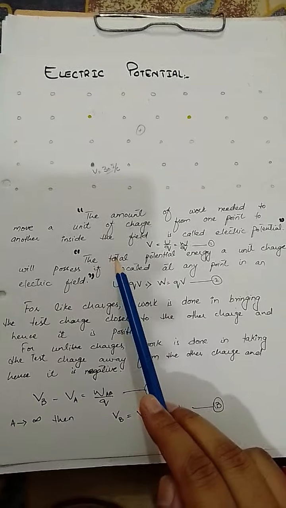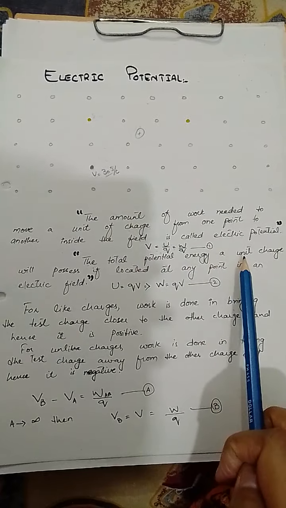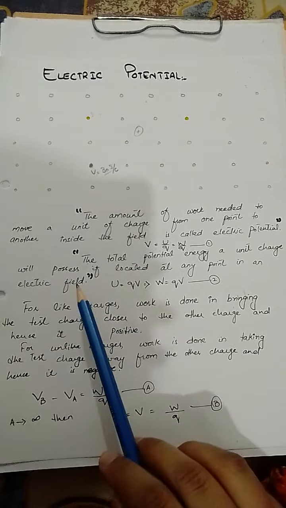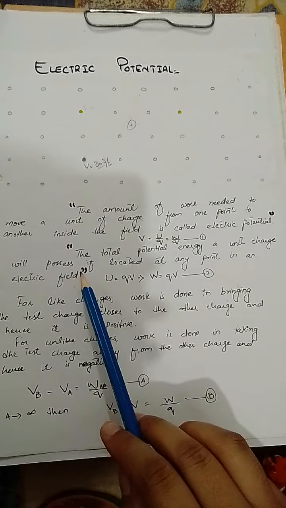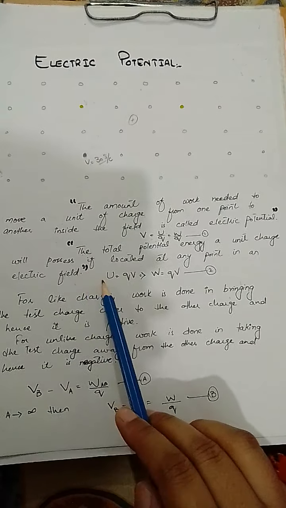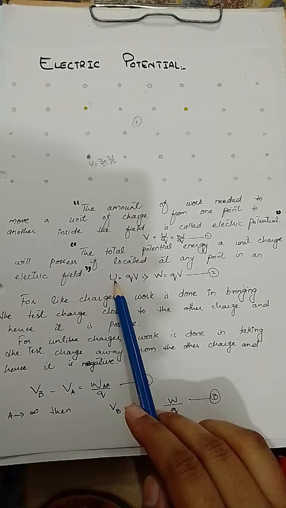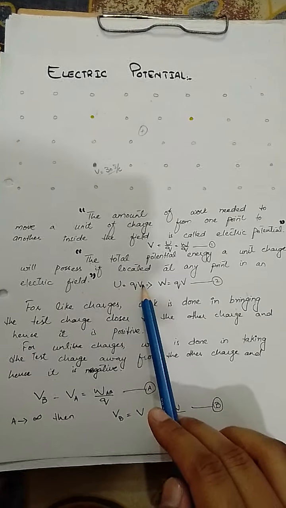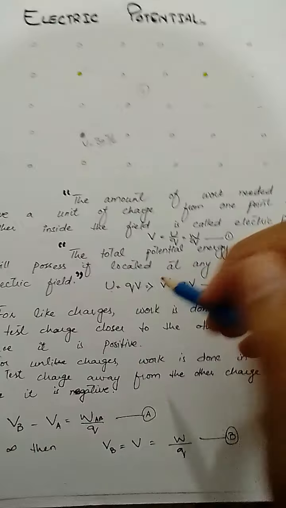And the total potential energy a unit charge will possess if located at any point in an electric field is called the electric potential energy. It is usually denoted by U. This is the electric potential energy equals QV. Okay, here's the fun thing.